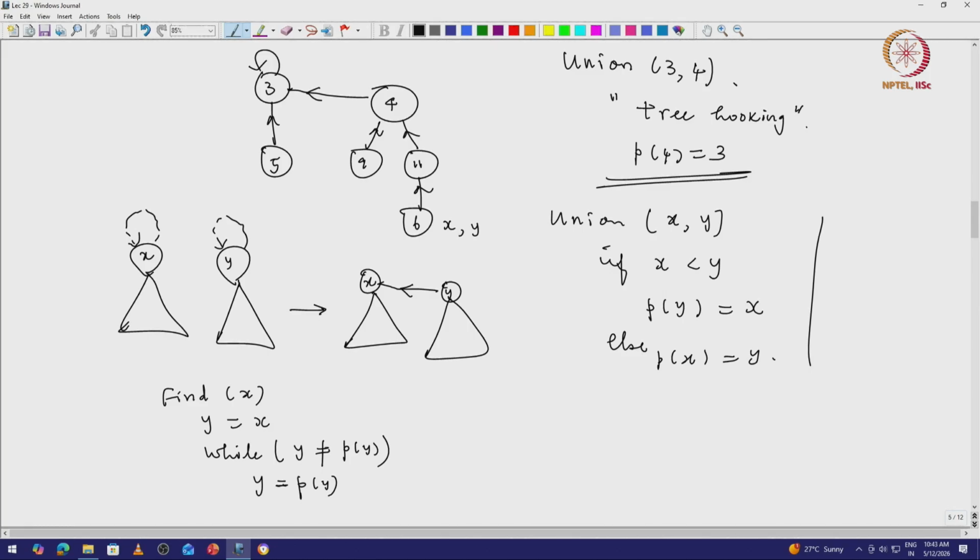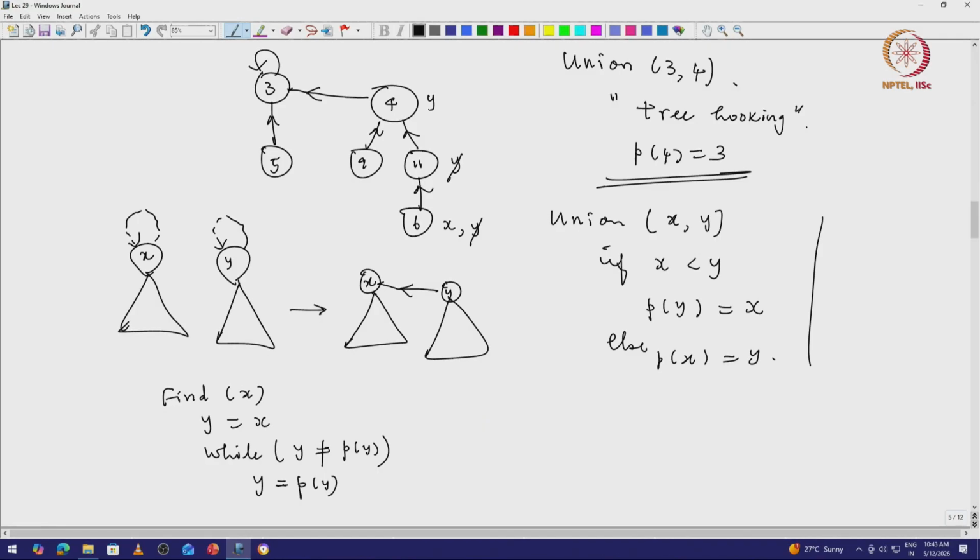You update y, you get into the while loop and y equal to parent of y. So, y is updated to this. Is y equal to parent of y? No, y is not equal to parent of y, because y is 11, parent of y is 4, they are not same. Get into the while loop, y equal to parent of y, update y to its parent.